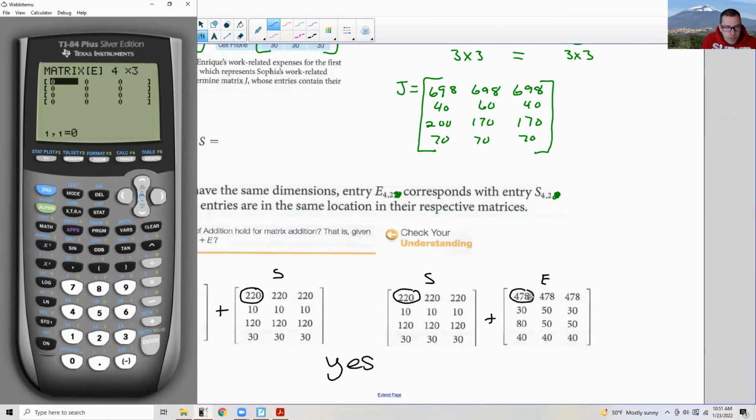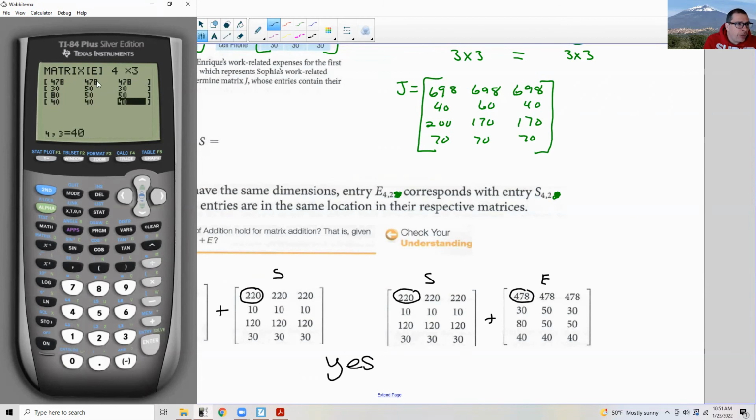And this one is 478, 478, 478, and then 30, 50, 30, and then 80, 50, 50. And then finally 40, 40, 40.